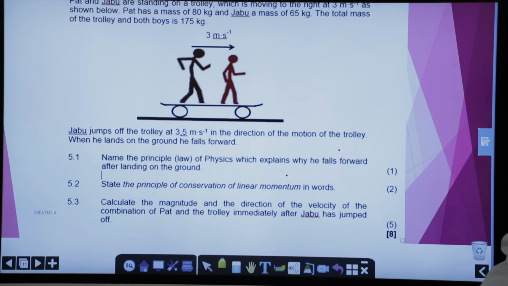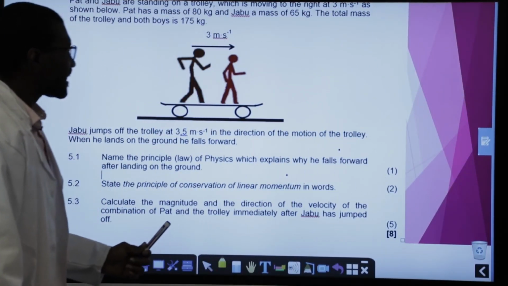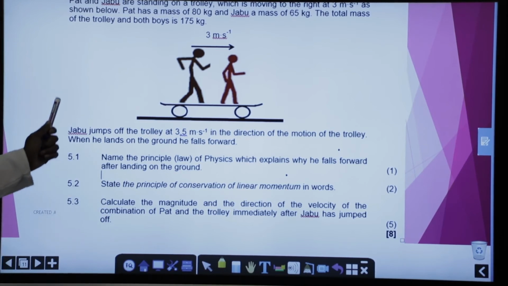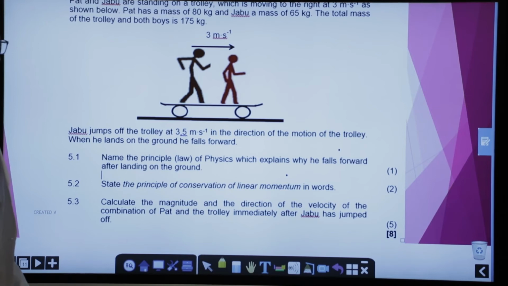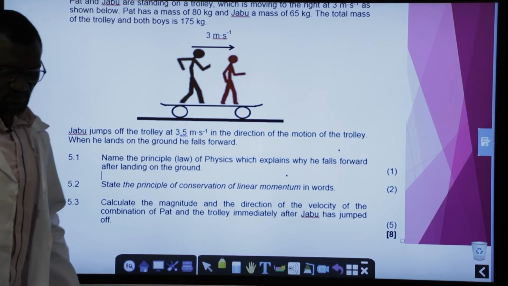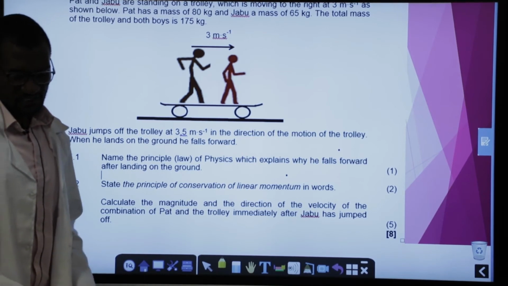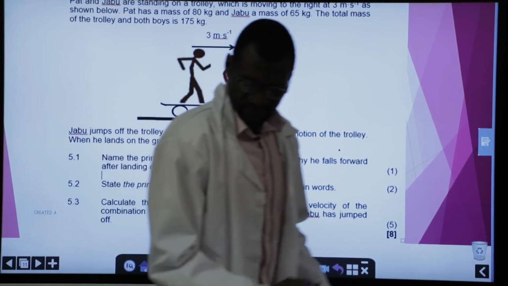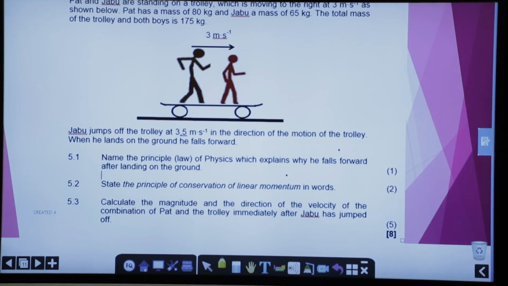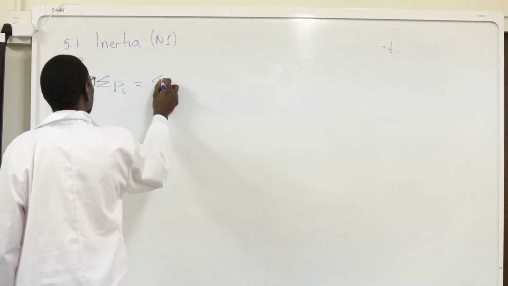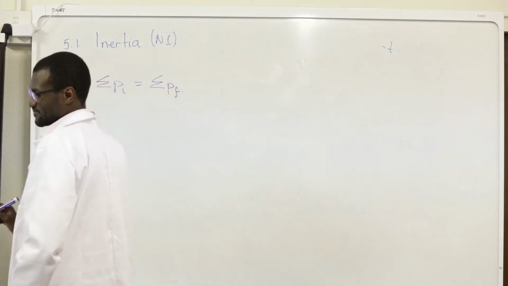This is a very simple question, all right? Because it's applying once again the aspects of momentum and conservation of momentum in essence. How are you going to go about it? You're going to simply say the sum of p initial is equal to the sum of p final.